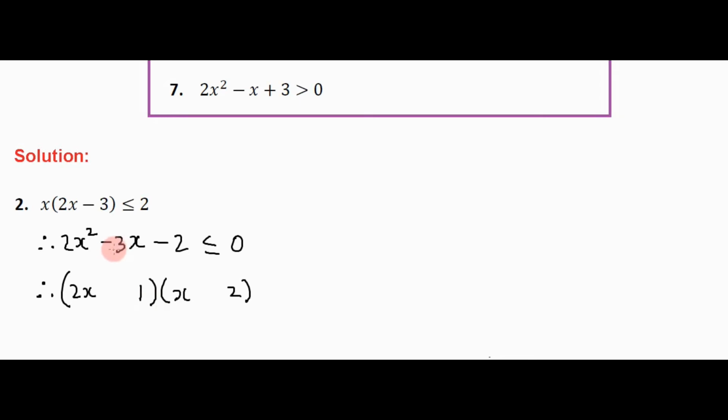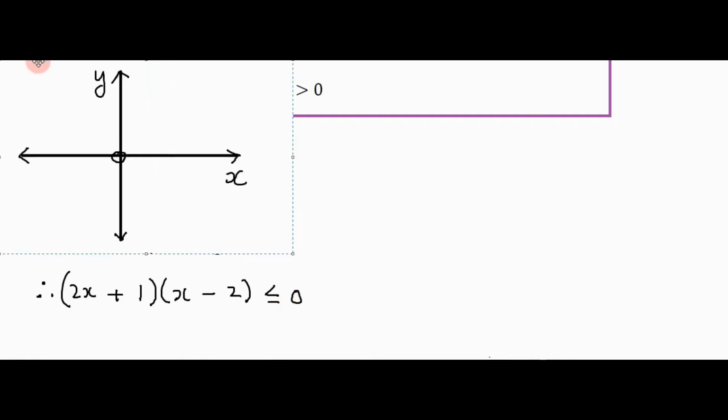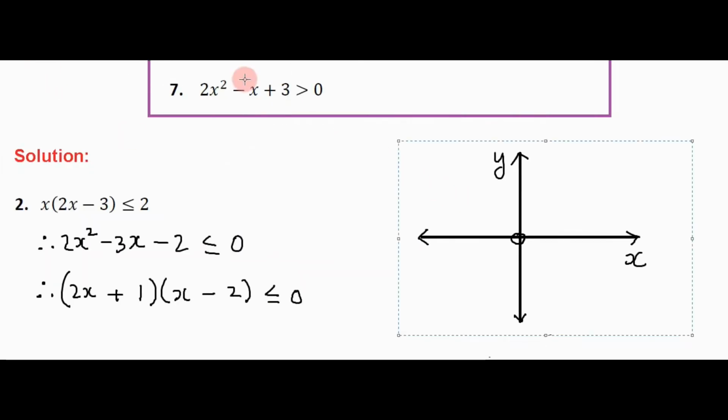So we need a middle term of negative 3x. 2x times 2 will give us 4x. So the minus goes here. And then we need plus 1x to get negative 3x. This is less than or equal to 0. Once again, we can draw a rough sketch of a parabola. Our roots in this case will be negative a half and positive 2.